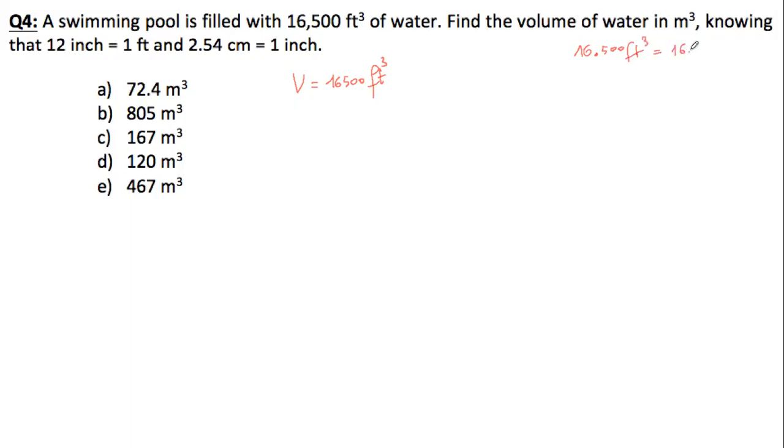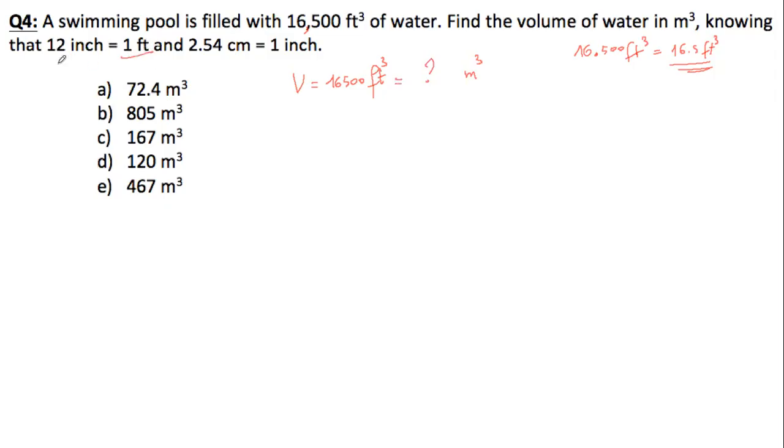Okay, this is 16.5 feet cubed. But here, this comma means 16,500 cubic feet, sorry. Okay, now I want to convert it into meter cube.